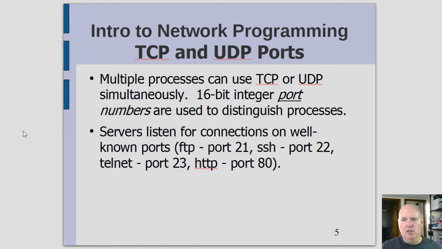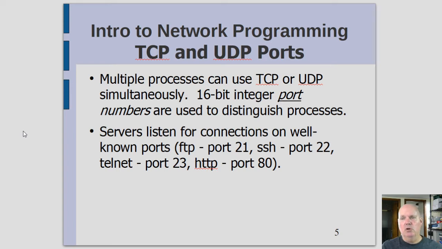Well, each of those connections is associated not only with the IP address, but also a port number. So every communicating client process would communicate to CS Server using a different port number, and then CS Server can use that port number to distinguish between those different processes and communication channels.